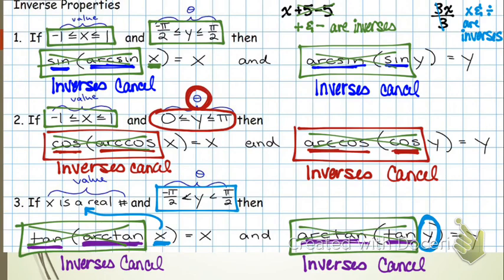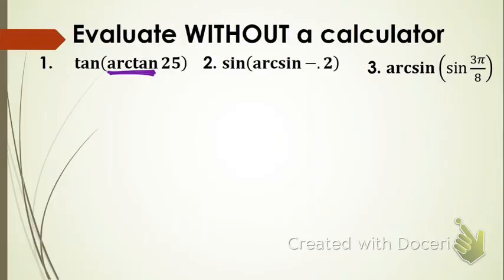Down at the bottom. That's like this one right here. Are there any restrictions for arctan? Nope. That domain is all real numbers. So is there a problem with this 25 here? No. What's going to happen to tan and arctan here? Cancel. So this all simplifies to what? 25.